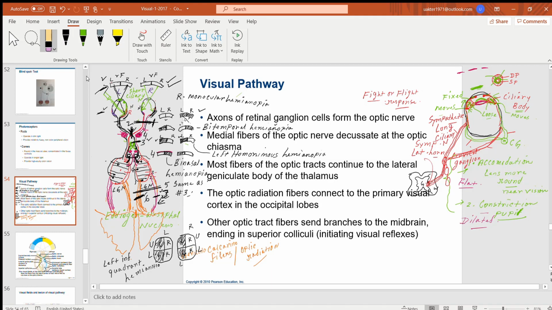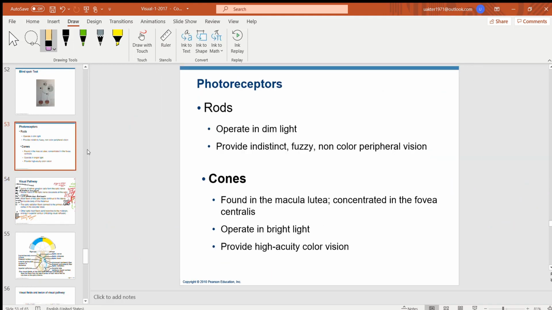The last thing I will talk about is the eye movement. So as you know that there are different types of eye movement, and we already talked about the extrinsic eye muscles or extraocular eye muscles, right? And you know that 3 cranial nerves control those extraocular eye muscles.